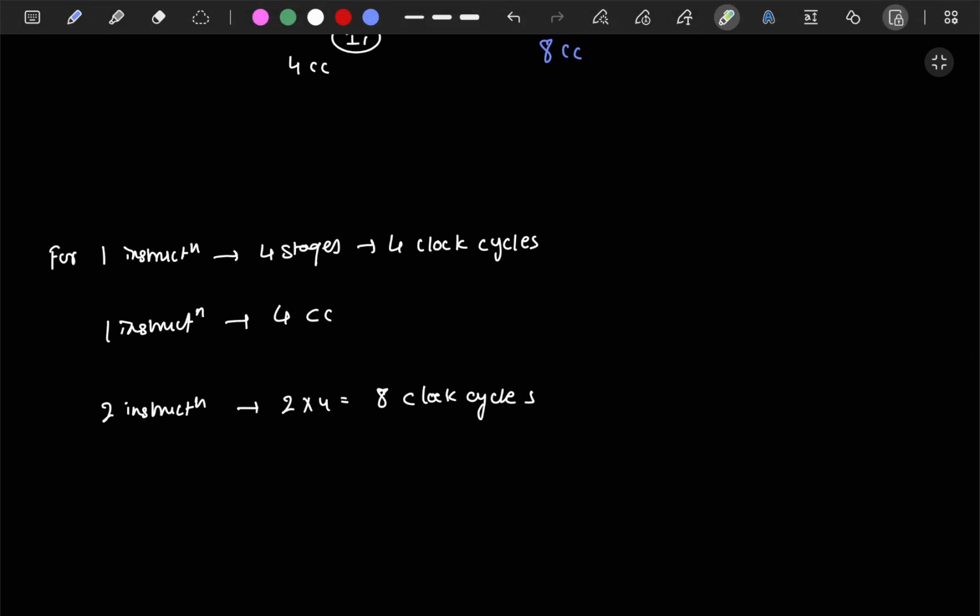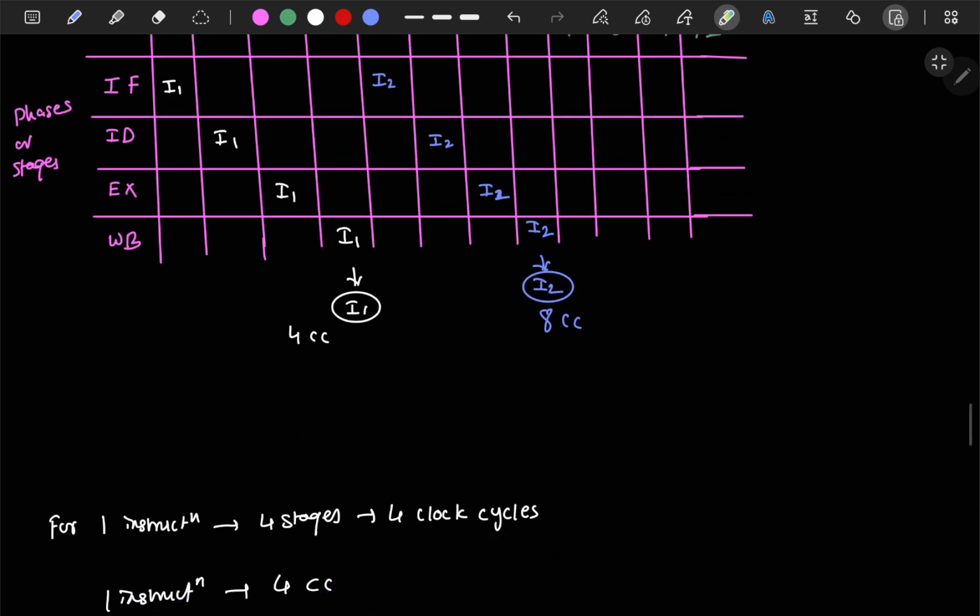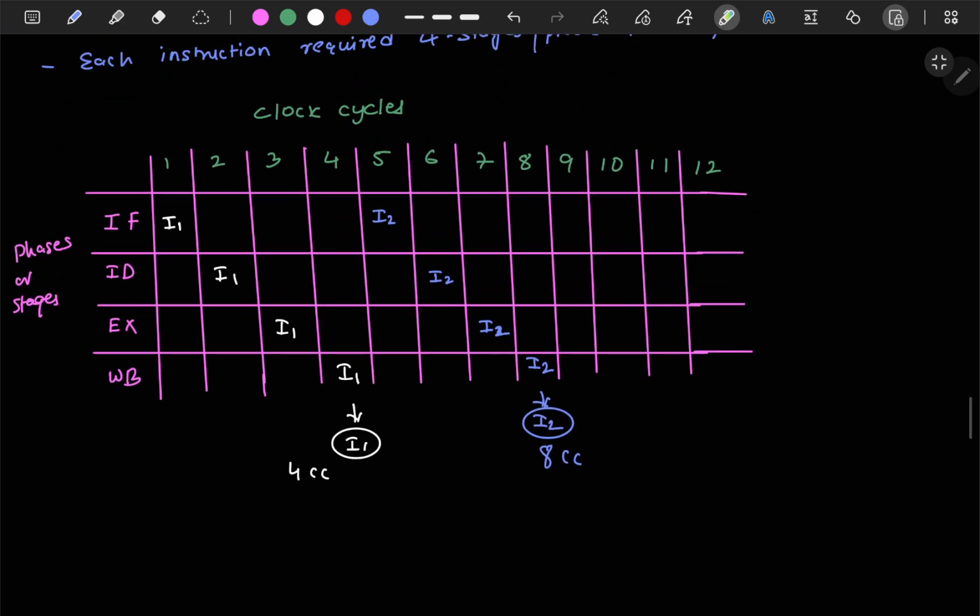For one instruction it is taking 4 stages, and each stage is 1 clock cycle, so 4 clock cycles for one instruction. So for 2 instructions it will be 2 into 4, 8 clock cycles. That is what we derived here using phase time. Now we will see how with pipelining we can improve these clock cycles and this performance. So we will see that part.